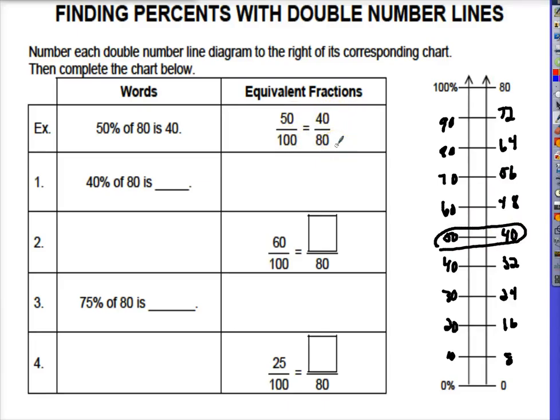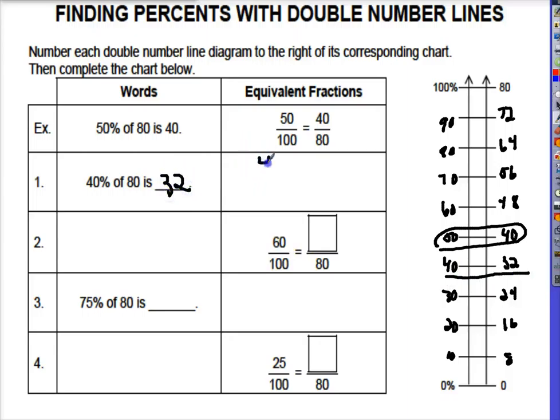Okay? So now I'm going to take a look at 40% of 80 is how much? Well, if I'm looking at 40%, this is my 40%, 80 is the full amount. If I go straight across, 40% of 80 is 32.